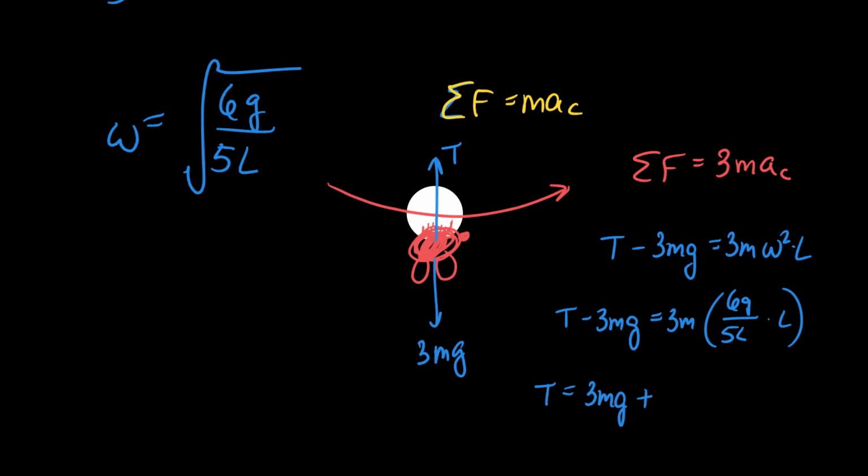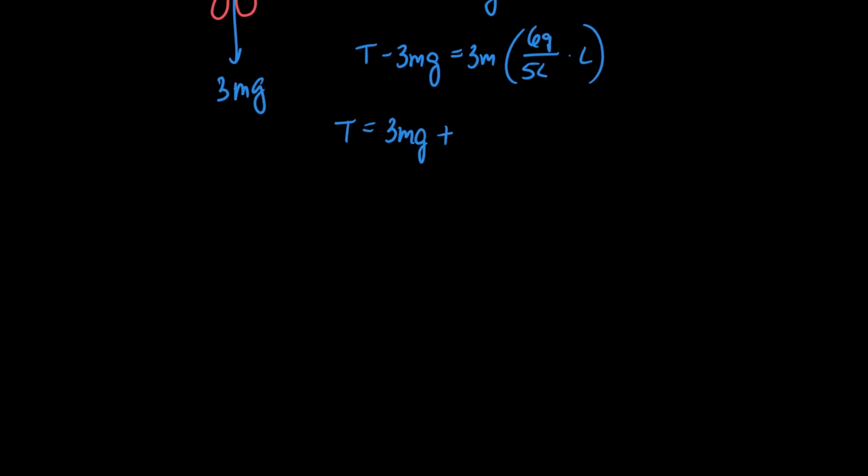So T equals 3mg plus, this looks like 3 times 6, 18, 18 fifths mg. So 33 fifths mg, right? 15 fifths plus 18 fifths would be 33 fifths mg.